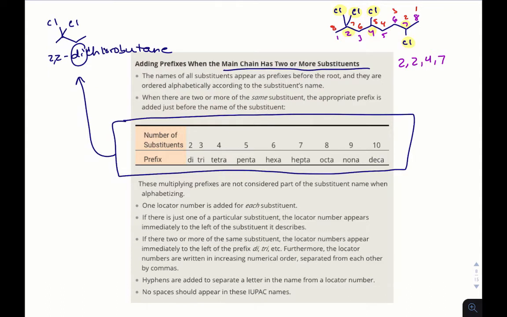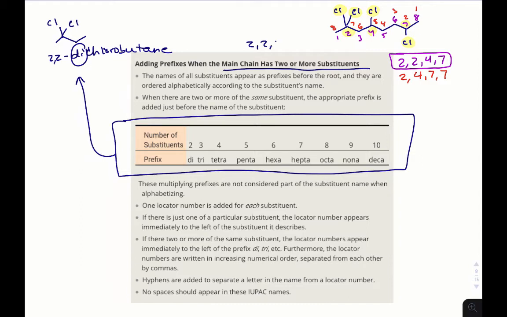In contrast, if we use numbering from right to left, the red numbers, we would get 2, 4, 7, 7. So we can clearly see that numbering from left to right, the purple numbers, those give us the overall lowest numbers for the substituents. So that is the numbering that we would do of the chain.